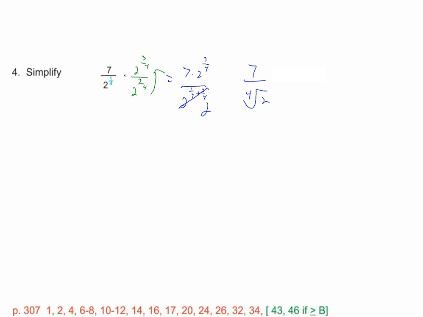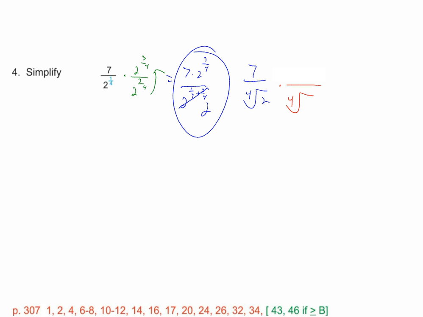Doesn't work. And don't do the rule x to the a divided by x to the b equals x to the a minus b, because then you're going to end up with a negative exponent, and that's another thing we don't want. At an end result, we don't want negative exponents. So that's the answer this way. I don't kind of like that answer, but it is an answer.